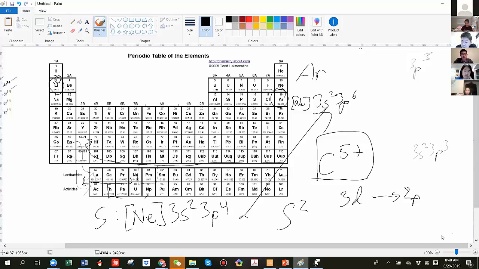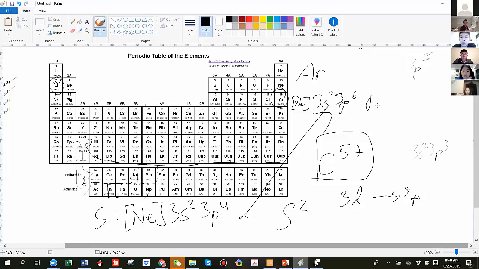So in terms of the Rydberg constant, what's 1 over the wavelength of the photon emitted? So just break down the equation.